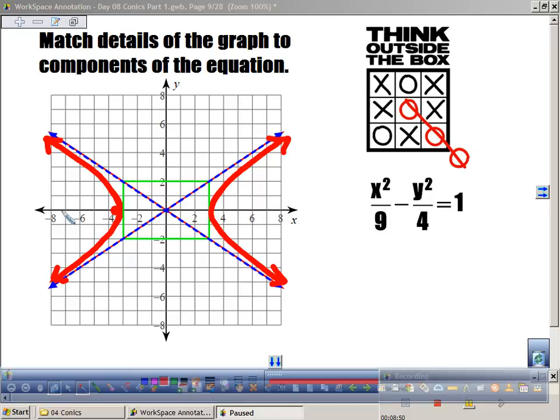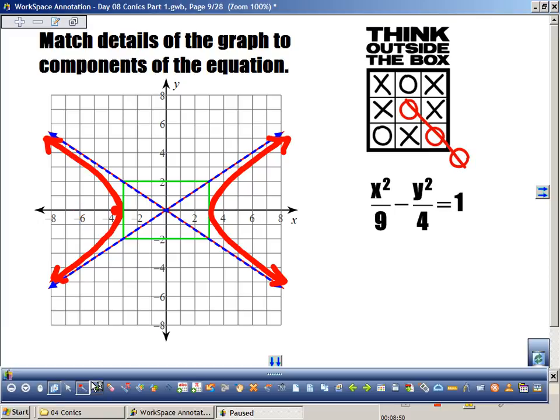Then where would the foci be? There's 2. So if this is 3 away, what's p? 3. Then this would be 1, 2, 3. Right? It would go out. It doesn't exactly fit this way because of our asymptote, but anyways, we're not going to concern ourselves with that.